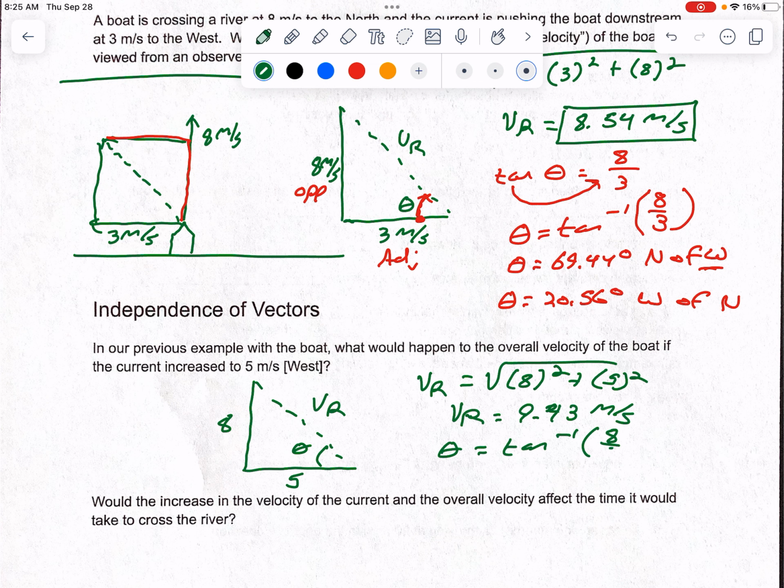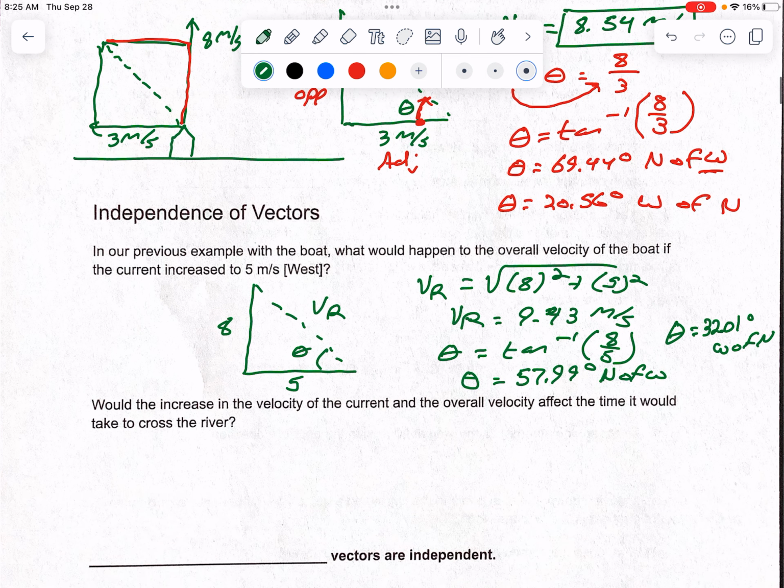So 8 divided by 5. And you're going to get a new angle of 57.99 degrees north of west. So that did affect our angle. And if you did the other triangle, your angle would be 32.01 degrees west of north.